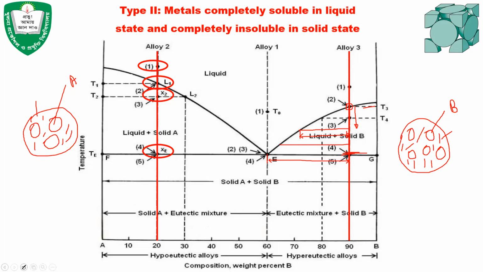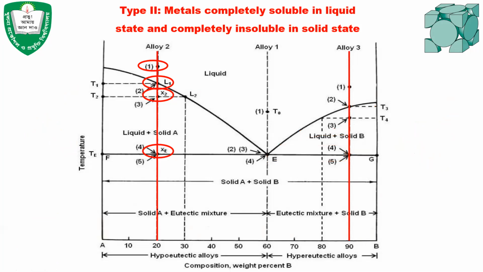Okay, so now I told you that I'll discuss the why. If we draw a cooling curve here, let's say at point 1 the temperature is here. At point 2 the temperature will decrease, and then here the solidification will start. That's why the slope of the curve will change like this.